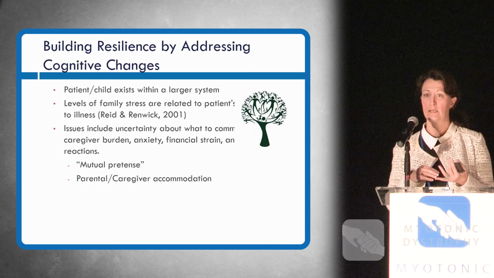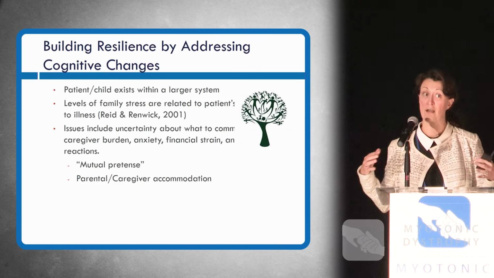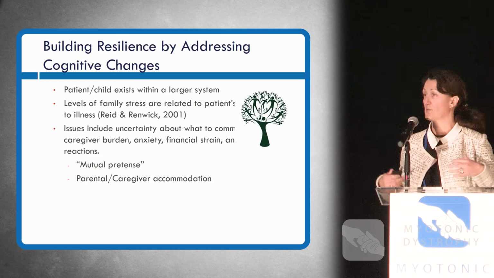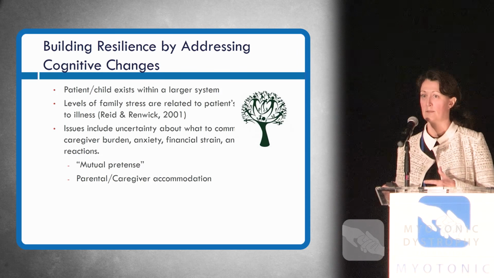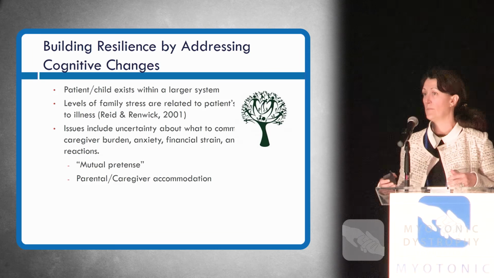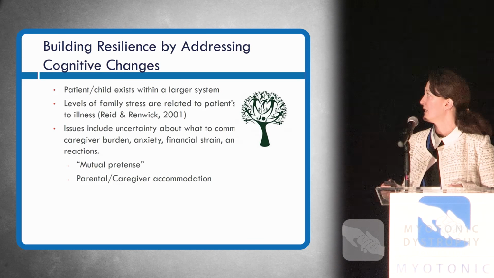And that system is your family, it's your community, it's your work community, it's your health community, it's where you live. And so these are all important systems to keep in mind, that there are opportunities there for you to build resilience.